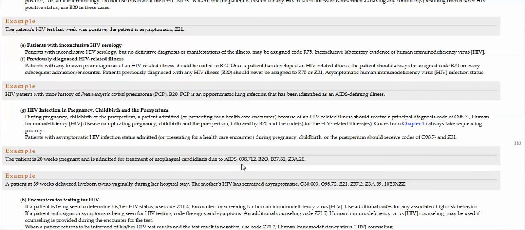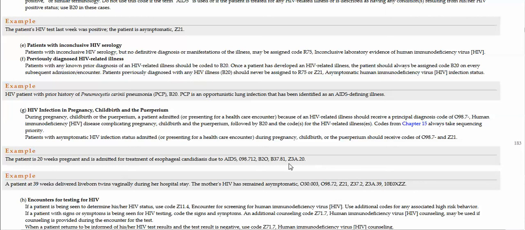That is the code for HIV complicating pregnancy or childbirth, because it is a complication, but it's important to know first and foremost that the patient is pregnant. Then we're going to follow it by B20 for the HIV. Then we follow it with the esophageal candidiasis.